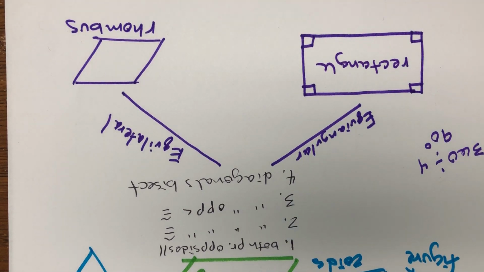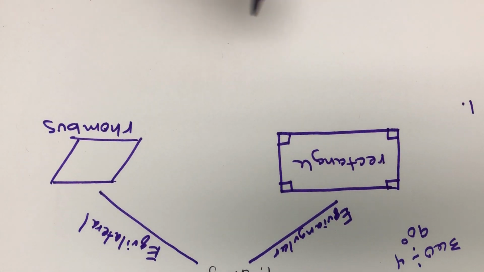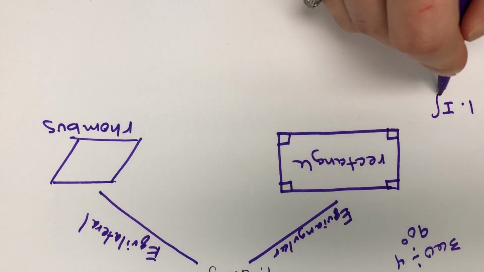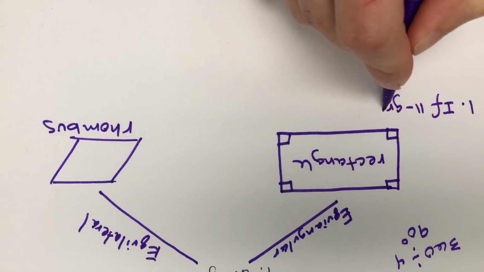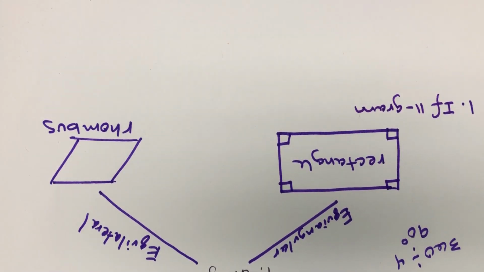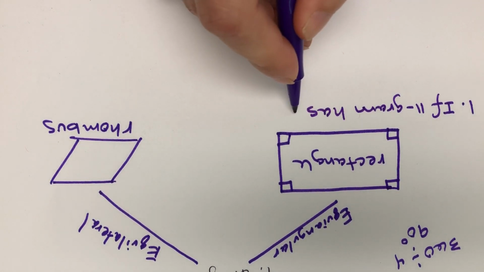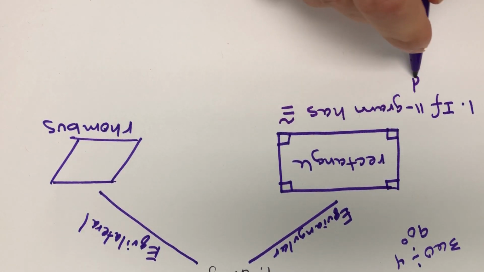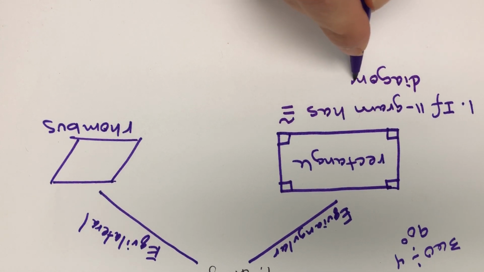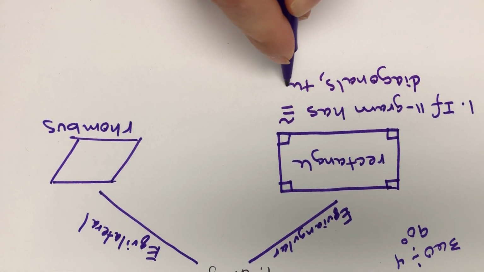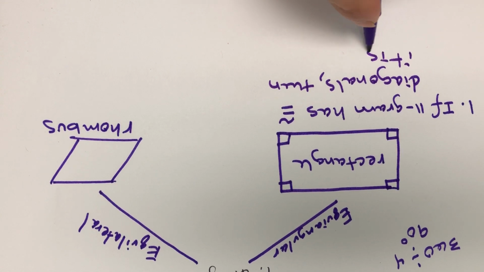Okay, so ways to prove that something is a rectangle. First of all, if a parallelogram, so first you've shown that it's a parallelogram, or you're given that, has congruent diagonals, then it is a rectangle.